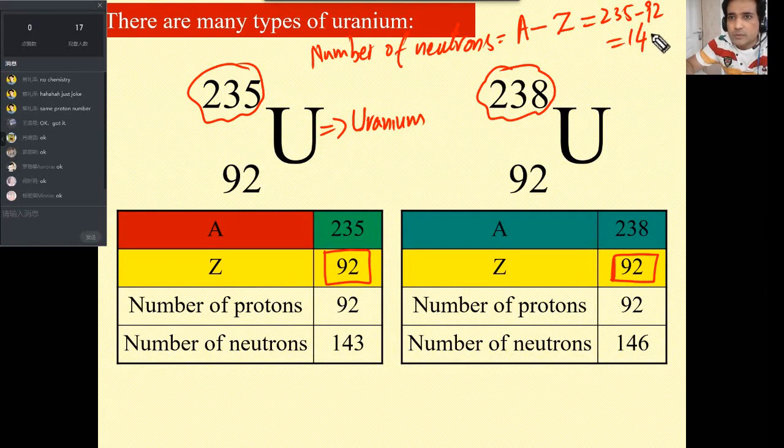If we solve this one, we will get this, and this is the number of neutrons. For this one also, if you do it, you will get this number of neutrons. So this is how we can figure it out. A minus Z is equal to the number of neutrons. This you have to keep in your mind.